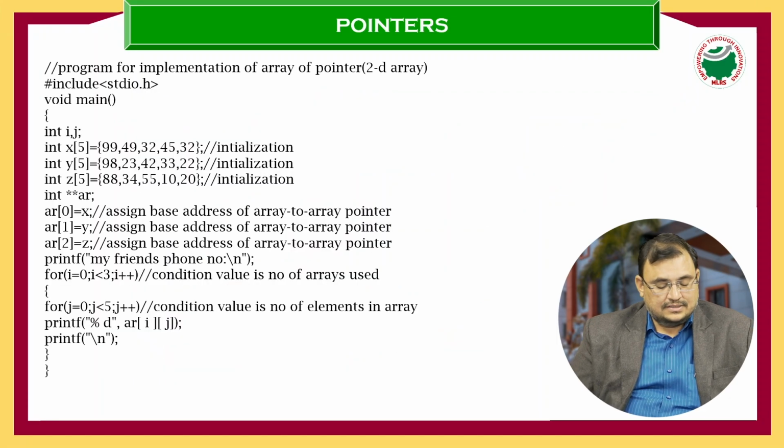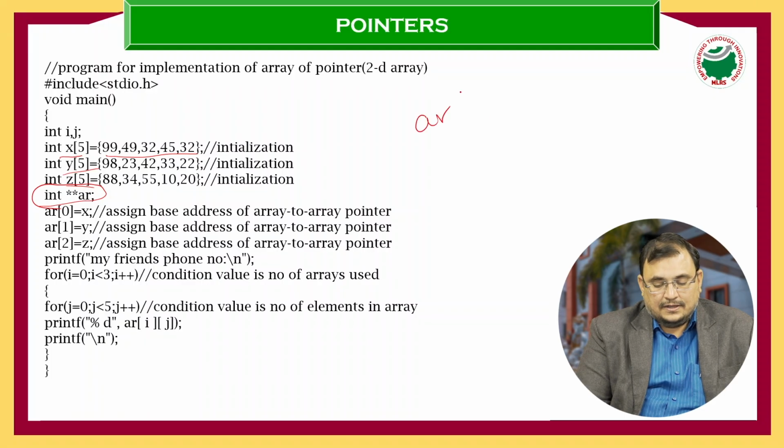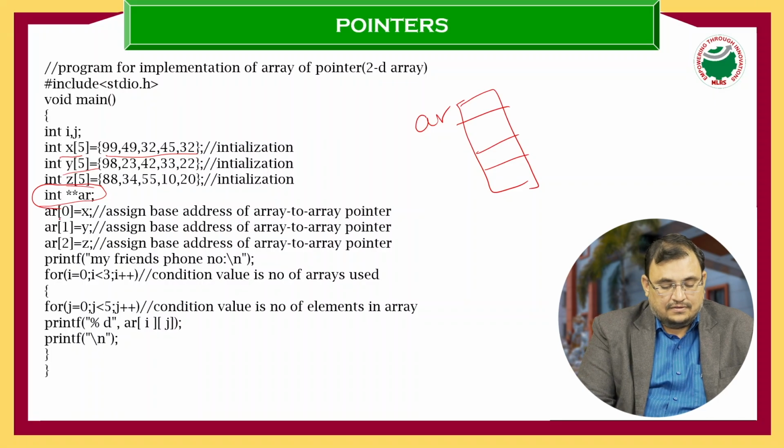So for example, you can consider what I am doing. I am taking array x, that is 5 values, array y, array z, and I am declaring a pointer to pointer. So here I am declaring an array of pointers. I am storing the address of a of 0 is x, then y, z.